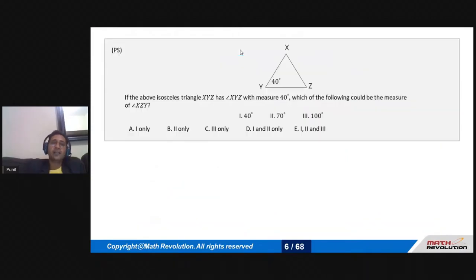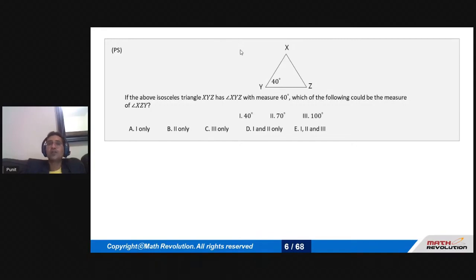So let's apply this logic in one of the questions. The question says, if the above isosceles triangle XYZ has angle XYZ with measure 40 degrees, so angle Y is 40, XYZ is isosceles, that is what they say. But remember, when they say isosceles, it's not necessary that XY would be equal to XZ.